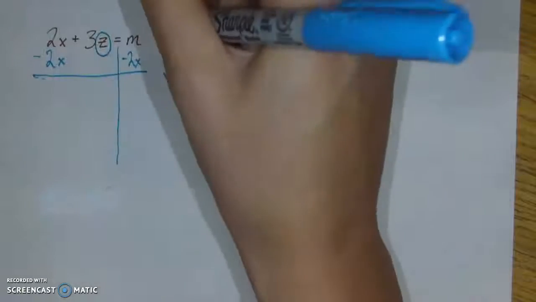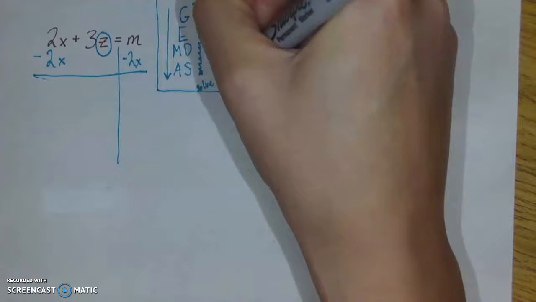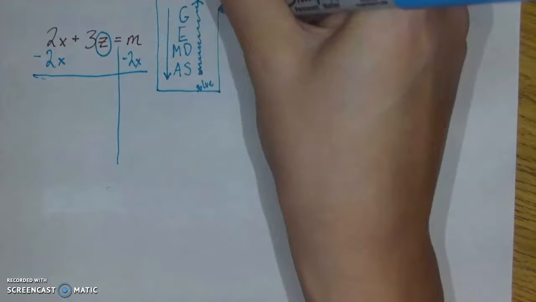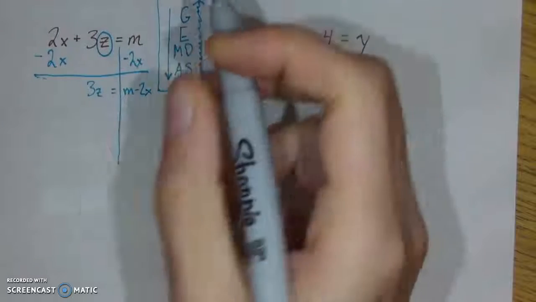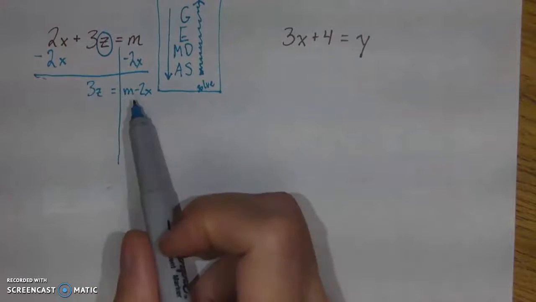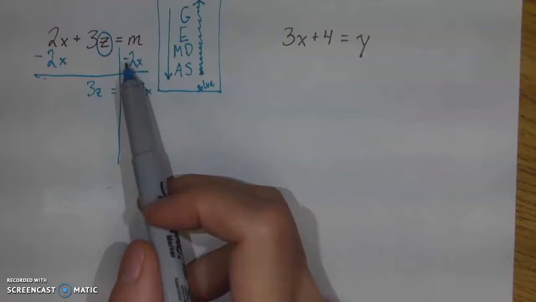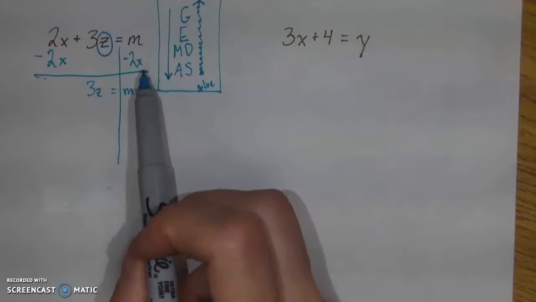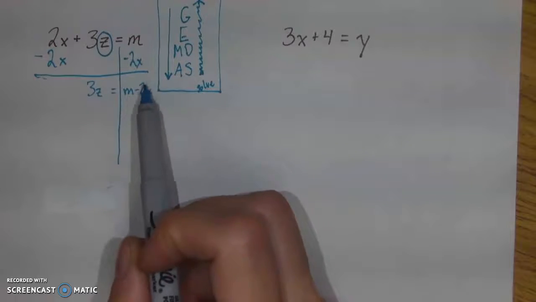Now this gives me an answer so far of 3z is equal to m minus 2x. In this case, since both of them have variables, it doesn't really matter which one you put first. Just write it in the order that it's in. Make sure that the negative stays with that 2x. It does not belong with the m, right? Because it's right in front of that 2x.